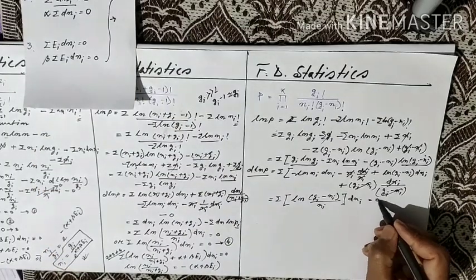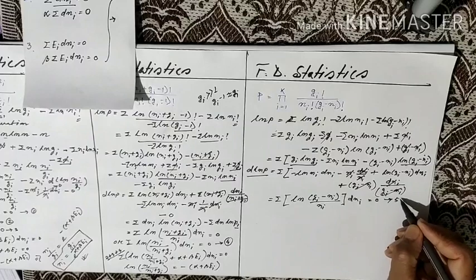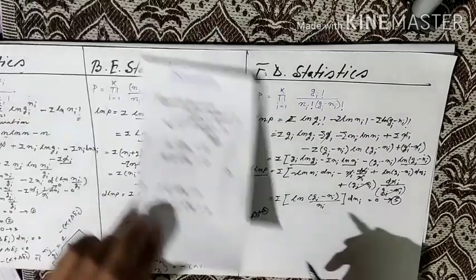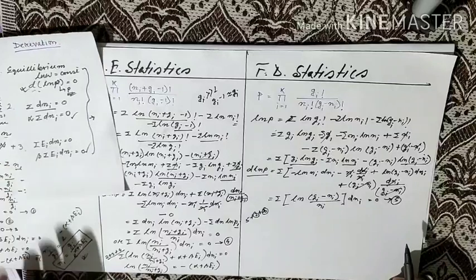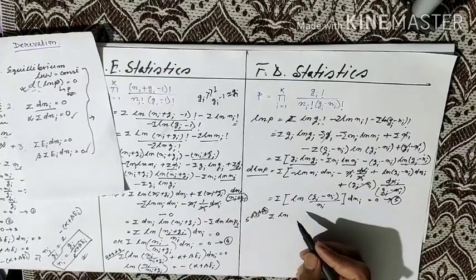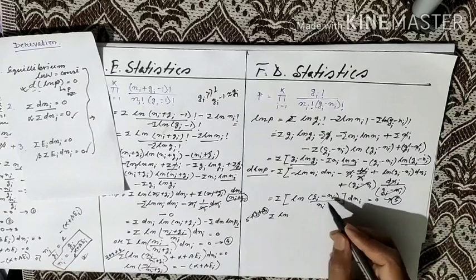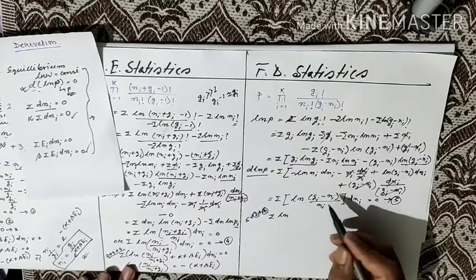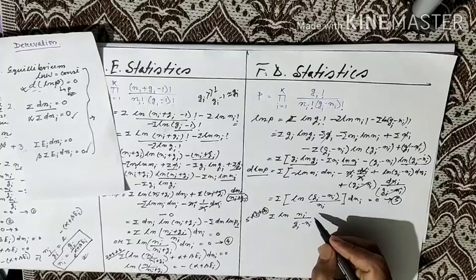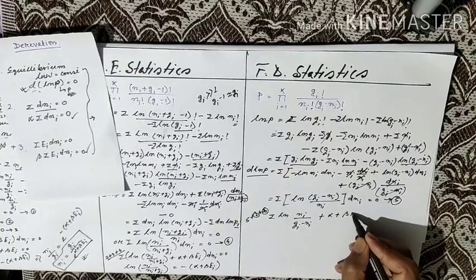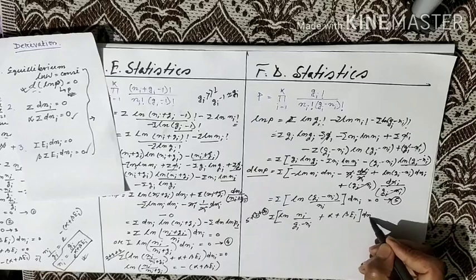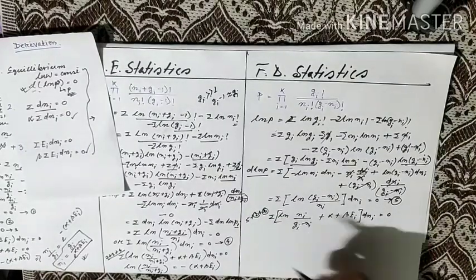Then if you consider this is 5, then I will add 5 plus 2 plus 3, these 3 equations, then I will get summation of ln, this part I will change by multiplying by minus sign, ni by gi minus ni, plus alpha plus beta ei dni is equal to 0.